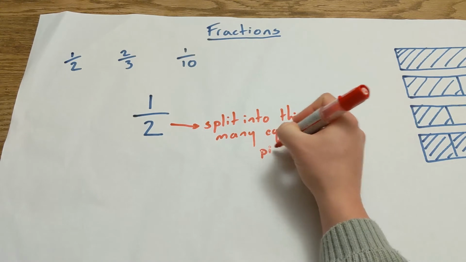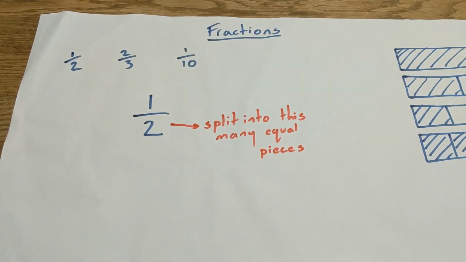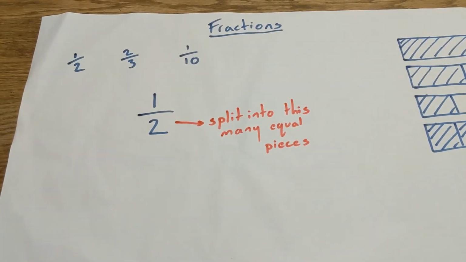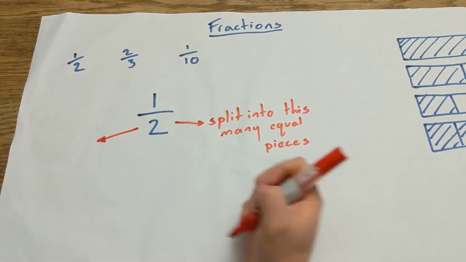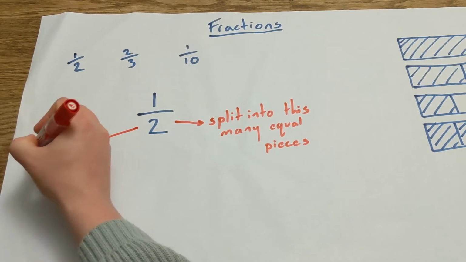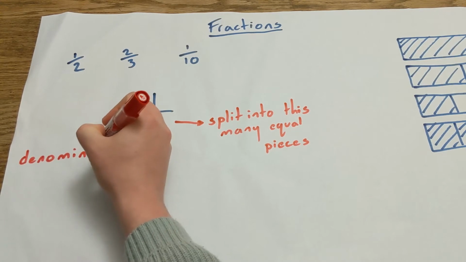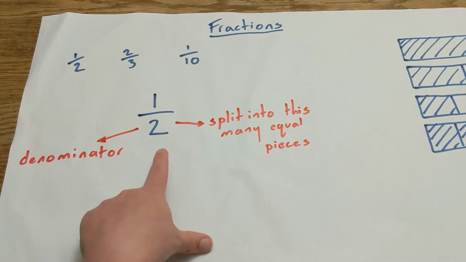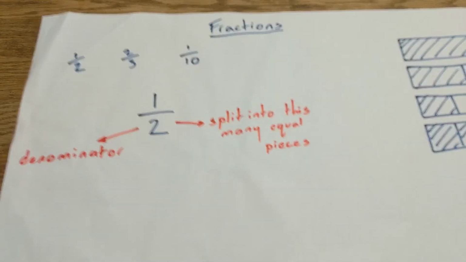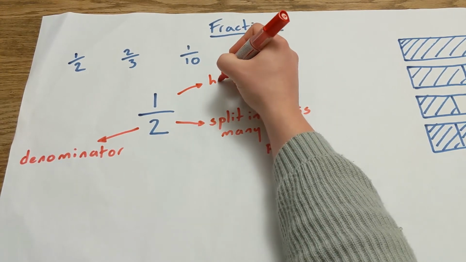Okay, and the special name that this piece has, we call the denominator. Okay, that's denominator. Okay, that's just a fancy way of saying the bottom part of a fraction, how many it's been split up into. Now this top part, that's how many pieces we have.